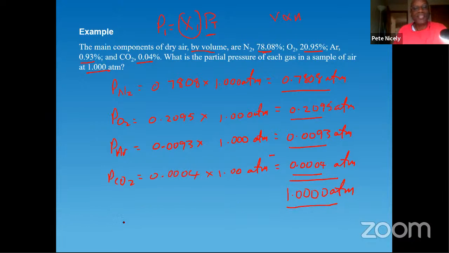And another thing I want to say here, which I should have mentioned before, is that the sum of the mole fractions in a mixture is equal to 1 always, right?